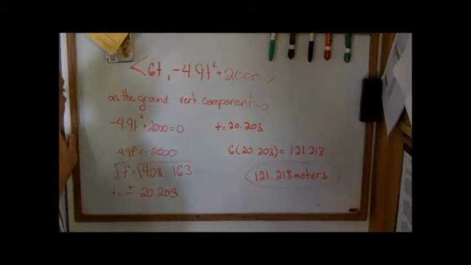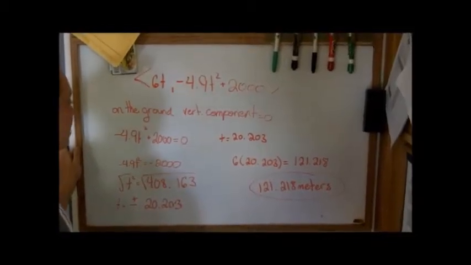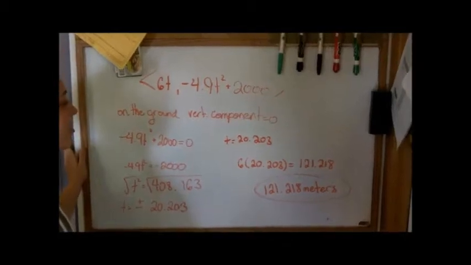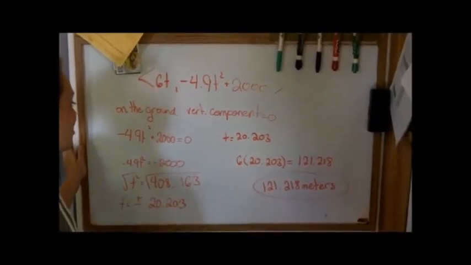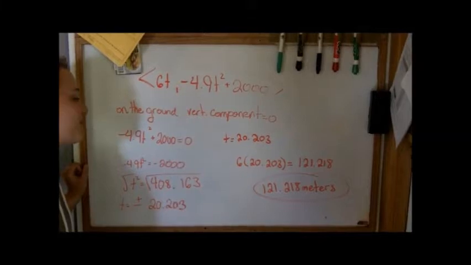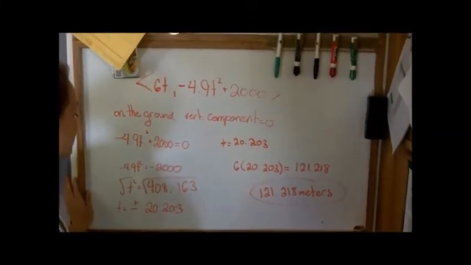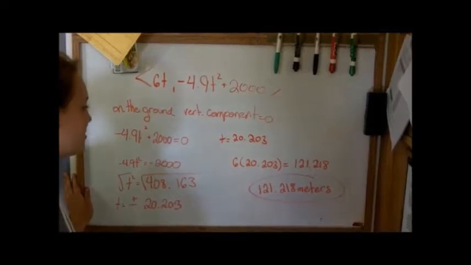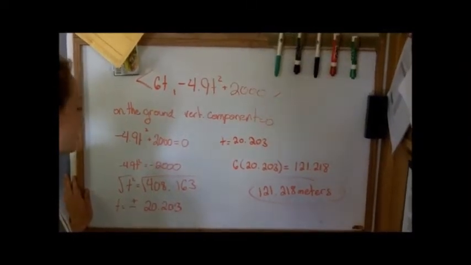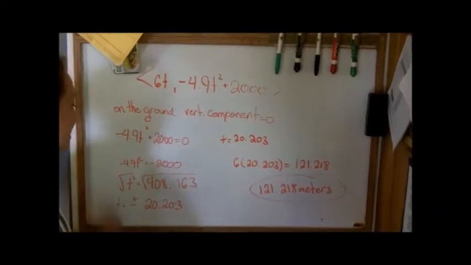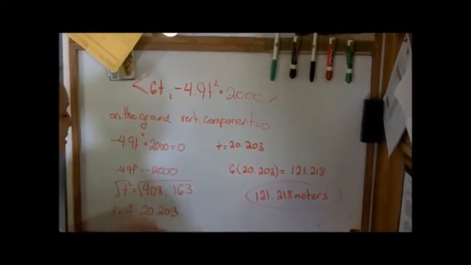Alright, now that we have the position vector, we can use this to find where the body hits the ground by setting the vertical component equal to 0. So by setting negative 4.9 t squared plus 2000 equal to 0, we can solve for t. Now t equals plus or minus 20.203 seconds. And because time is only moving forward, as far as we're concerned, we're only going to use the positive value.